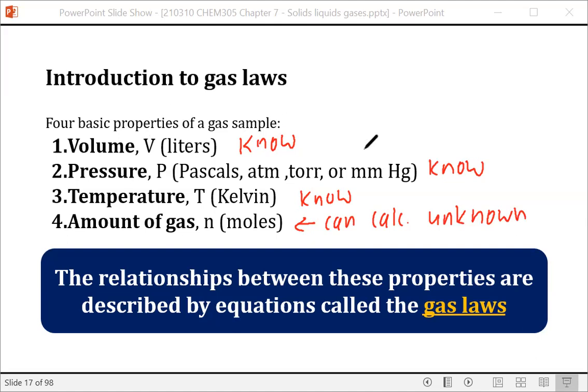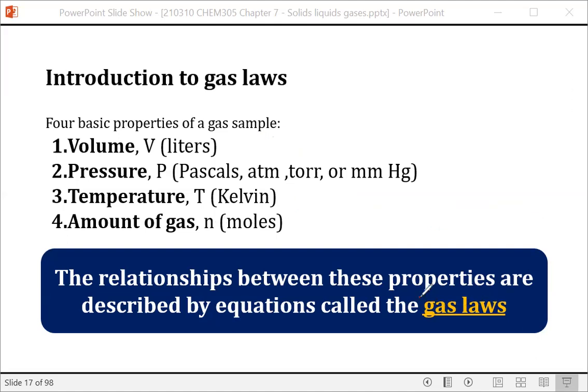With these four properties of a gas, if you know sometimes even just two of them, you can calculate one of the others. Or if you know all three, you could calculate the fourth. The gas laws are mathematical relationships that tell us how to relate these four properties of a gas sample, so that if we know one, two, or three of them, we can calculate one of the properties that we don't know.